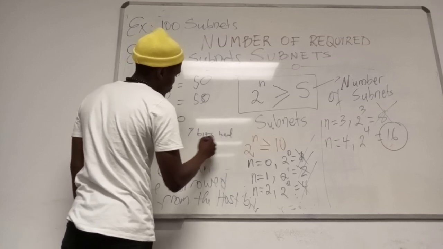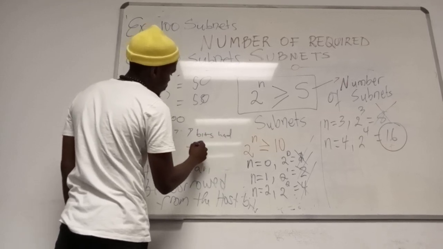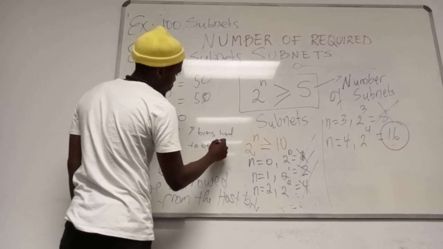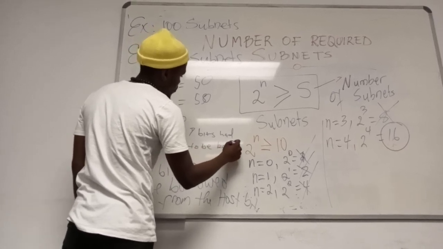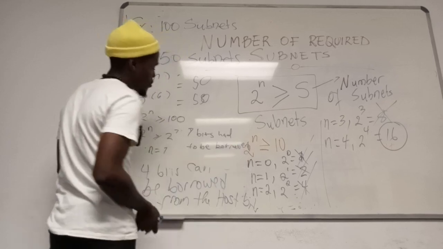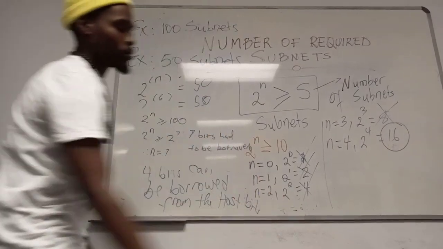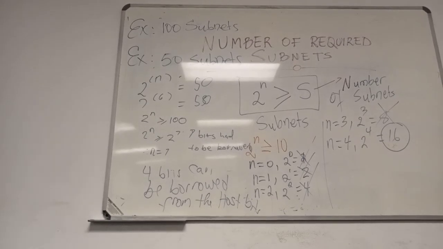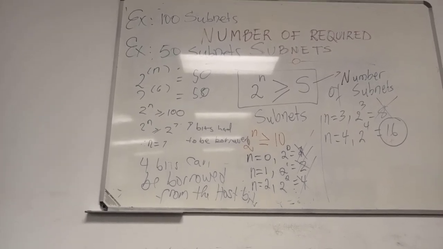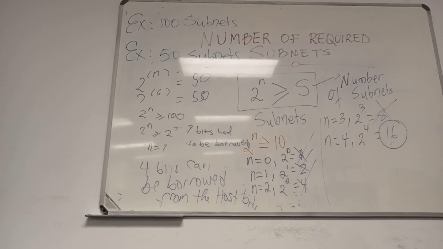7 bits. 2 to the power of 7 is 128. We're still fine, right? With 128, you can use 100 subnetworks, and 28 will be left for growth.